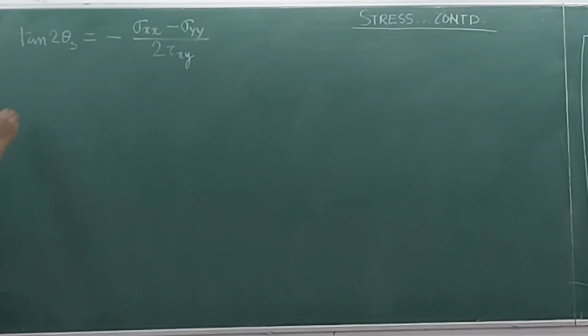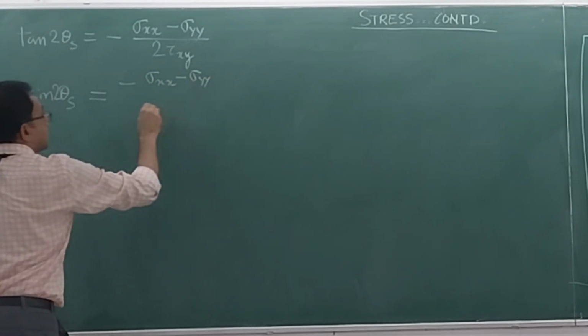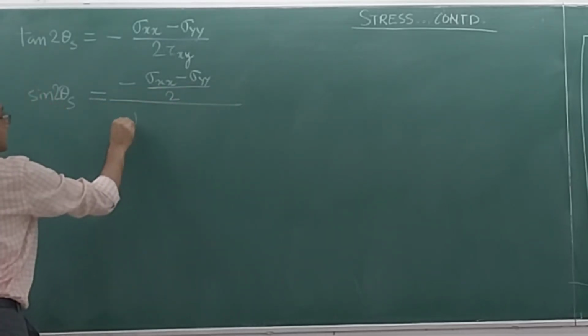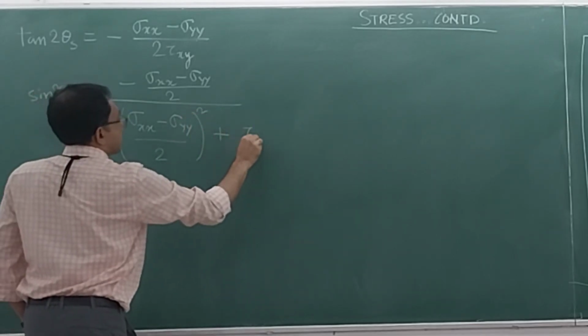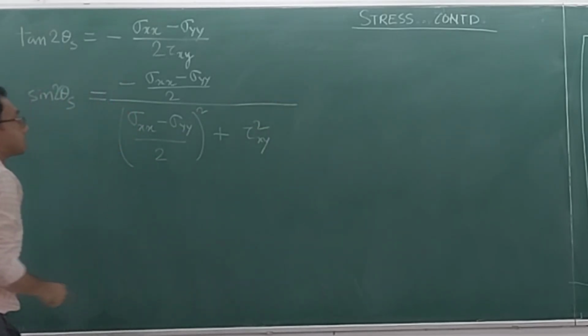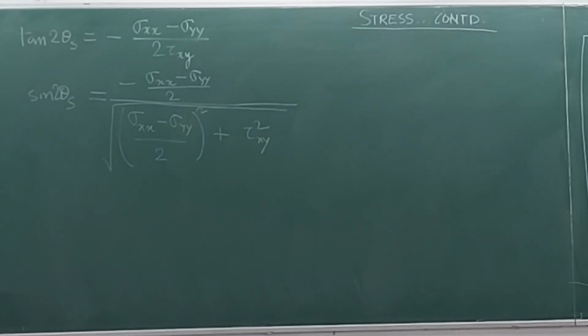So what we'll do is this sine twice theta is, if you just look at it, you are going to get and there is a square root. Right. Okay. All right.